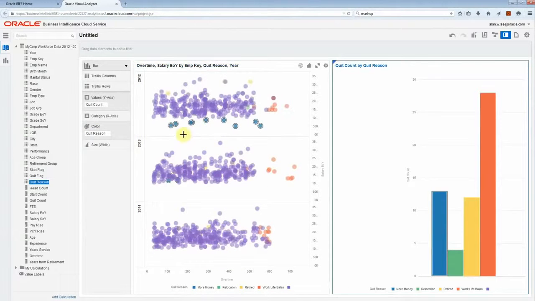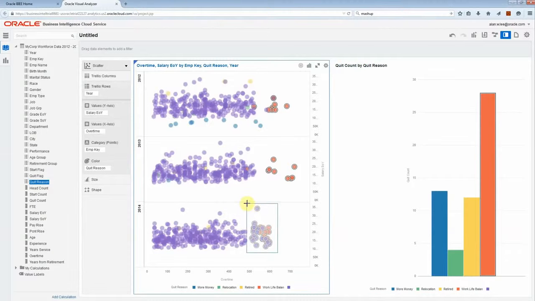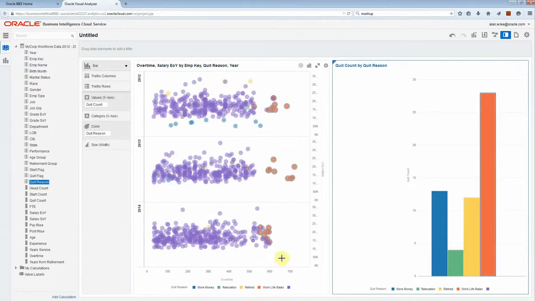The people that quit to get more money were clearly exceptional in some way. They were well outside the general population of my employees, and the same thing seems to have happened here. There are some people that were working exceptionally hard, although in 2014 I can see that the number of people in this exceptionally hard category has grown significantly, and some have not quit at this point, but my instinct tells me that they might be in danger of quitting and burning out like some of their colleagues.